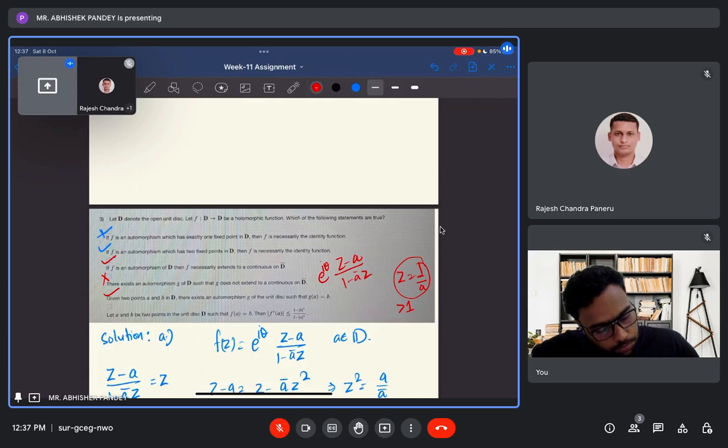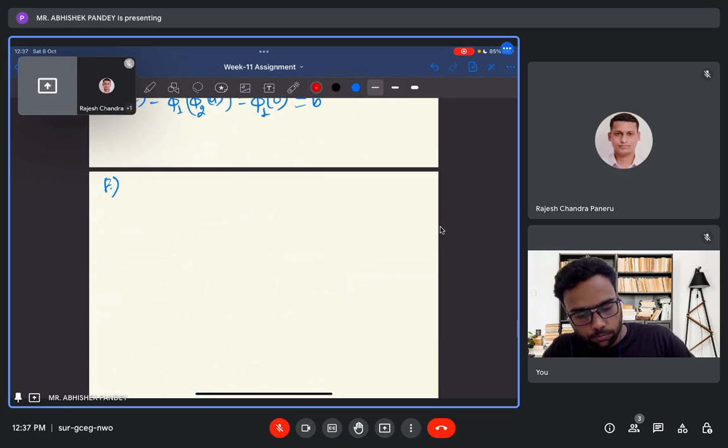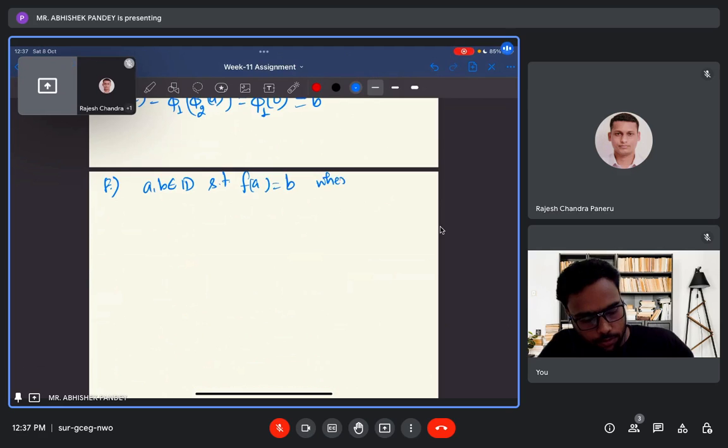This is quite important, known as Pick's lemma. This is true. Let us try to prove it. So a, b belong to D such that f of a equals b, where f from D to C is holomorphic.